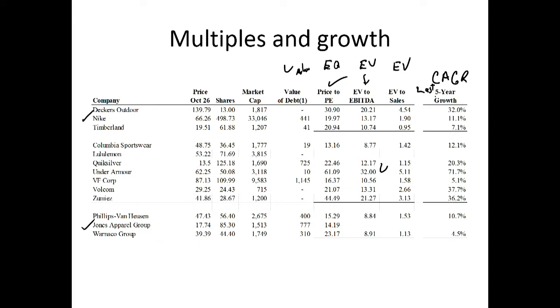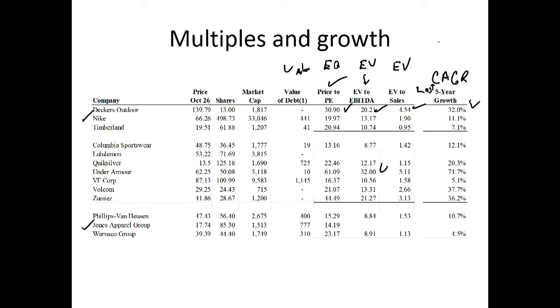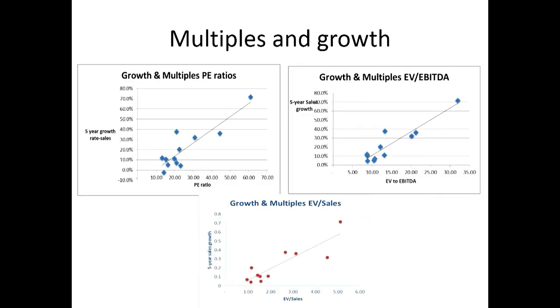What we see is quite a bit of variability in both the growth and each one of these multiples. To give some idea of the relationship between multiples and growth, I plotted growth, the compound annual 5-year growth rate, against the multiples, and put in a trend line.